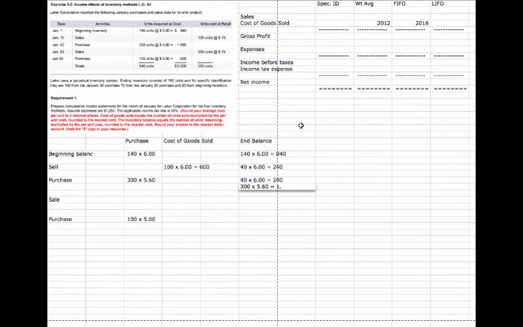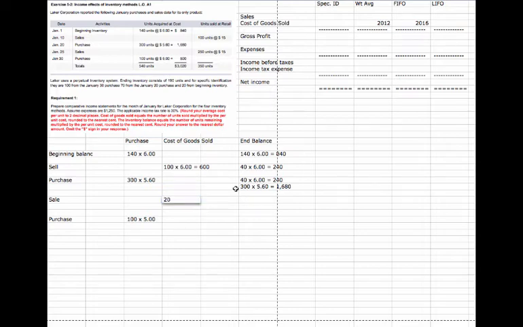Now at this point in the time of the sale, we sell 250 items, but now we're going to go last in, first out. Of these two items, the 40 being the oldest and the 300 being the most recent purchase, or the last in, we're going to sell all 250 out of this group of 300 because it's the most recent purchase.